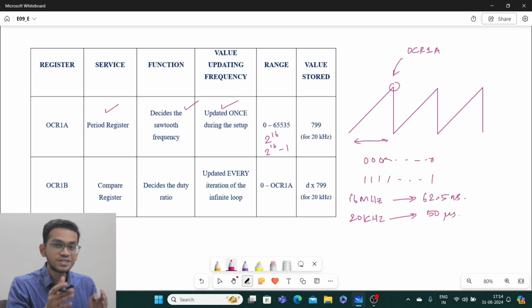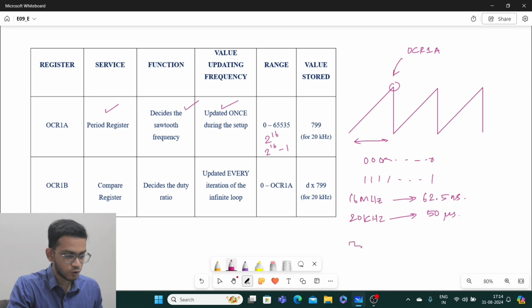Now, how many such 62.5 nanoseconds should be placed to obtain my 50 microseconds? That's the question. How many such 62.5 nanoseconds must be placed such that this period reaches 50 microseconds?